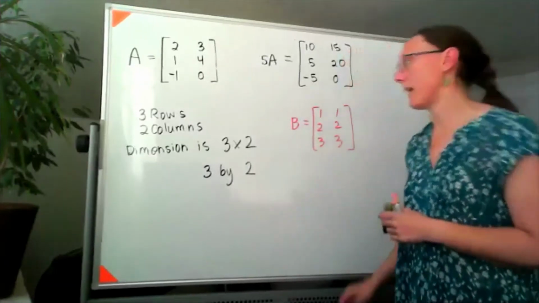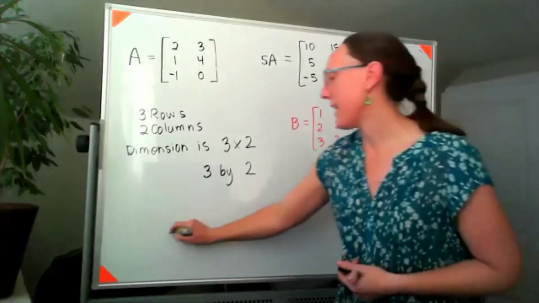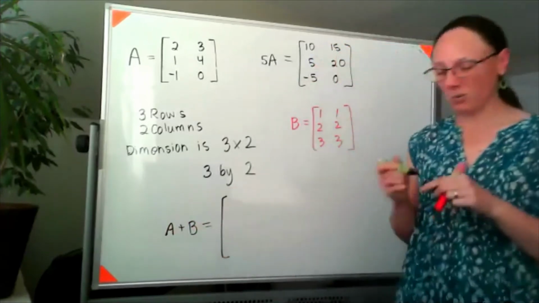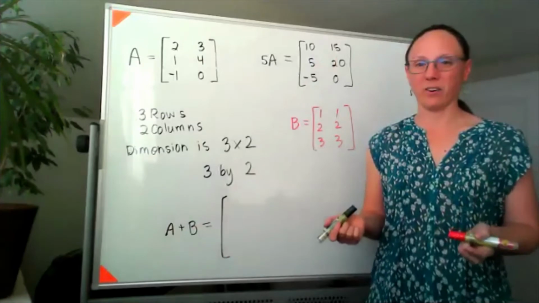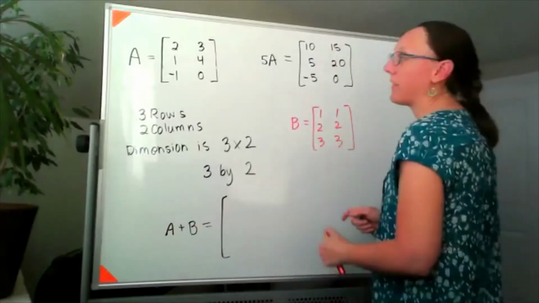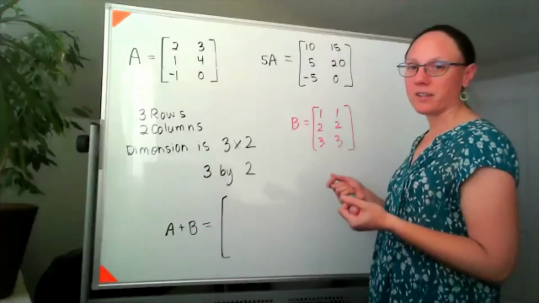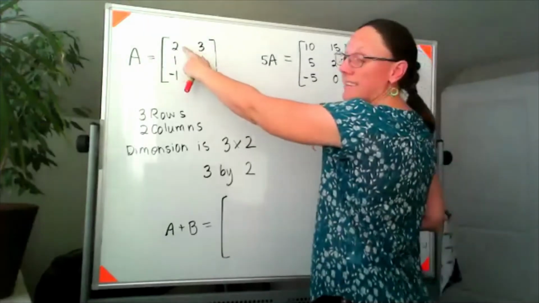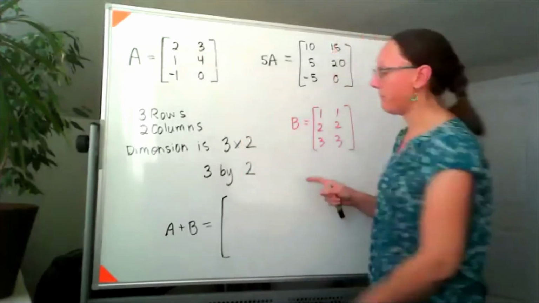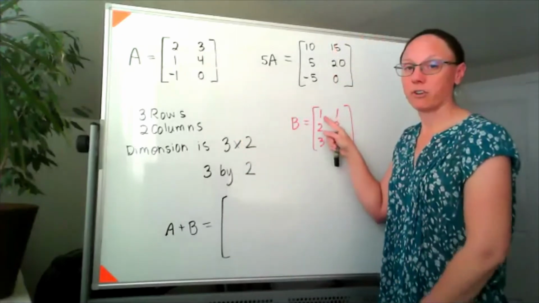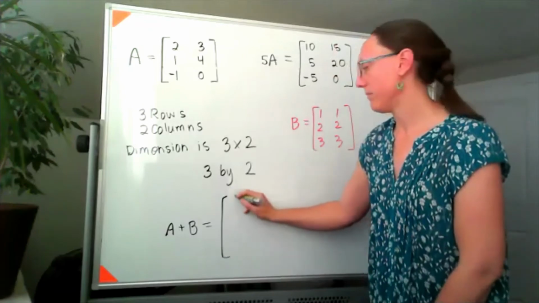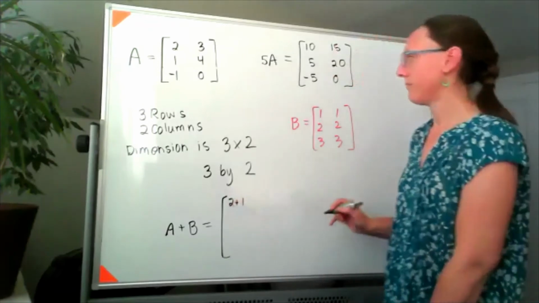For matrices, what that looks like is if I take A plus B, that addition works probably exactly the way you're thinking. I match up each of the components and add them in place. Since 2 is in the first row, first column, and 1 is in the first row, first column for B, then my first row, first column here looks like 2 plus 1.